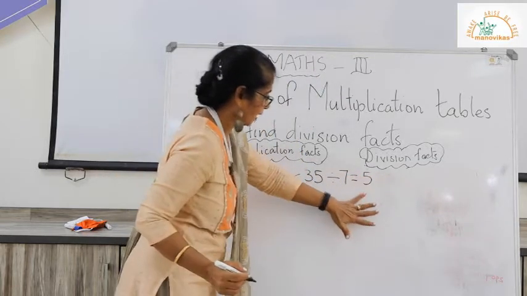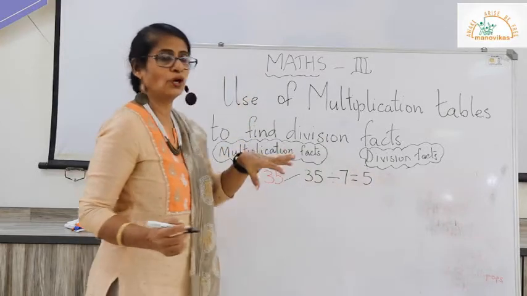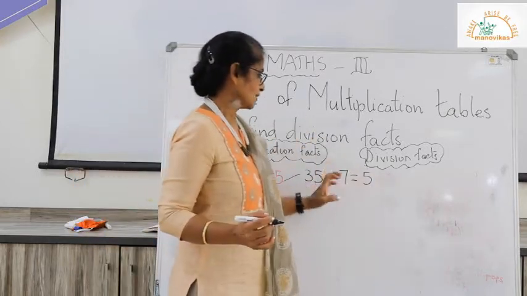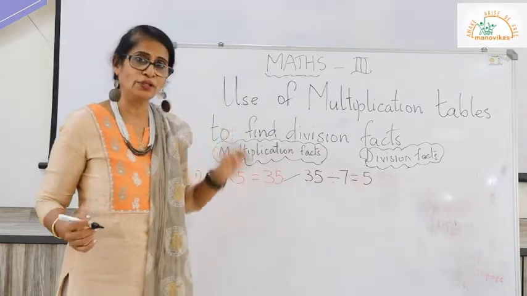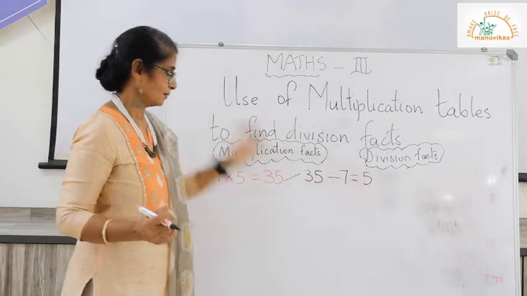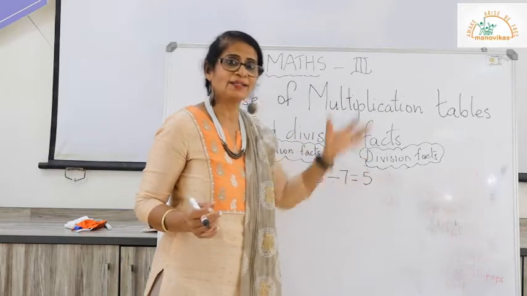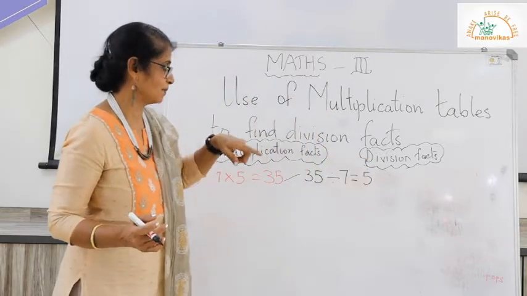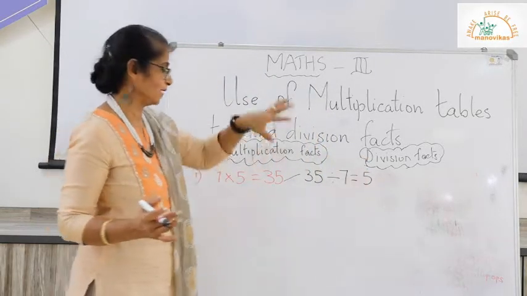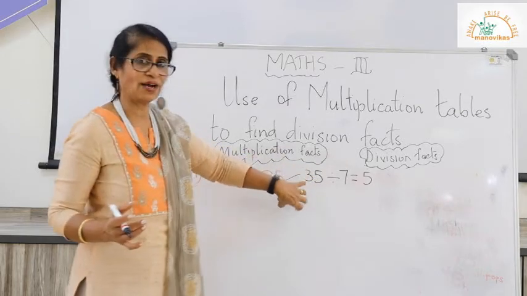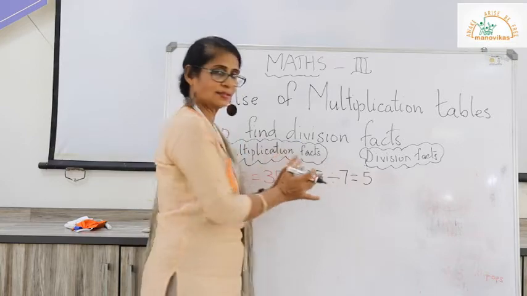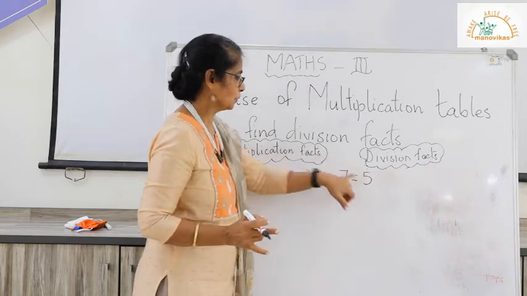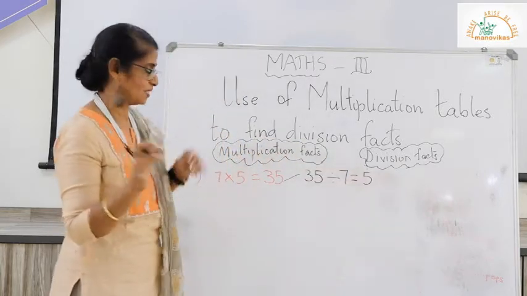How did I get 5? If you know your 7 and 5 times tables, it is easy to derive. Suppose you don't know your tables at the tip of your tongue, then you have to recite your 5 times table, and when you arrive at 35, you know that 7 fives are 35, and so you get your one division fact.